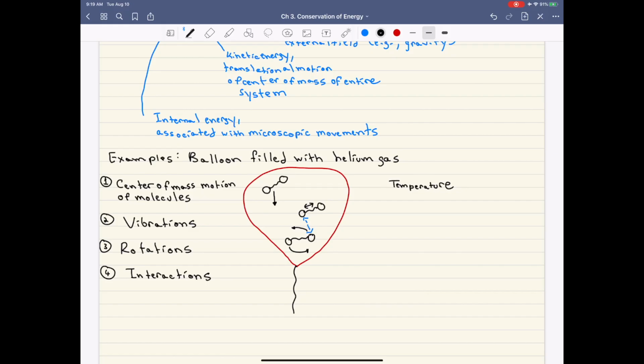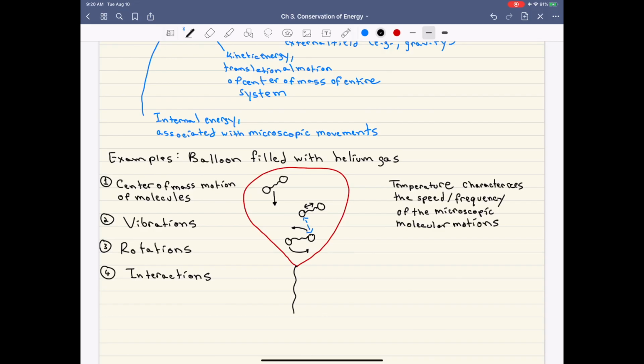And that's because temperature characterizes the speed or frequency of these microscopic molecular motions. Alright?